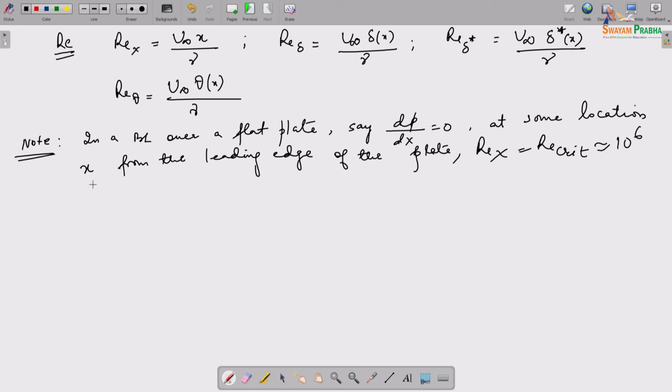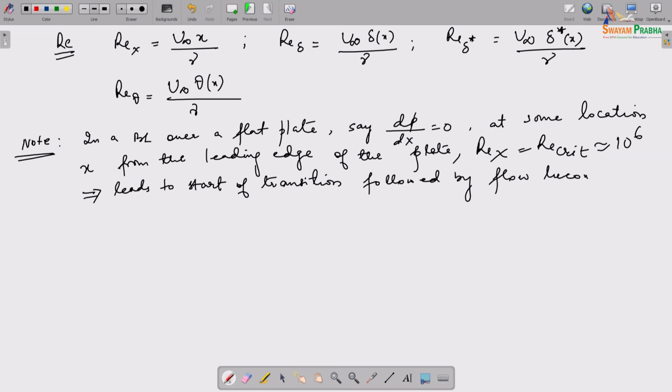So, this means it leads to the start of transition, followed by the flow becoming fully turbulent.